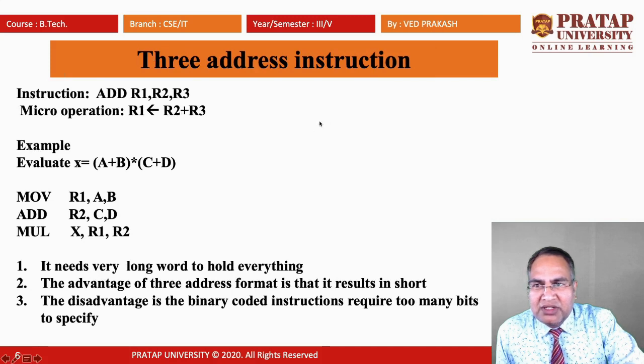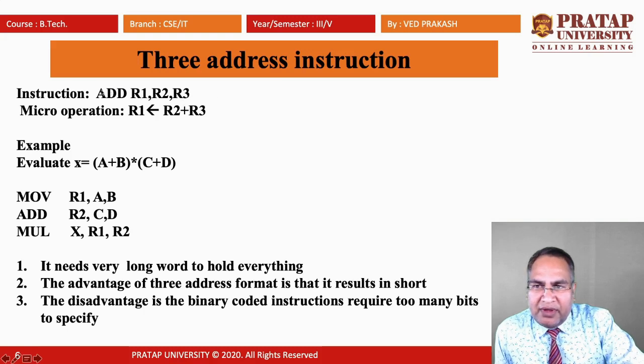Basically, all instructions which have three parameters, or in other words, use three storage components or elements, are known as a three address instruction format. For example, we take here add, which is denoted as a three address instruction because it performs this operation using the three registers R1, R2 and R3.